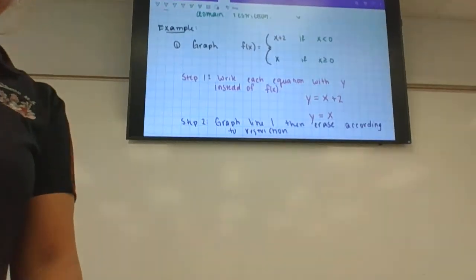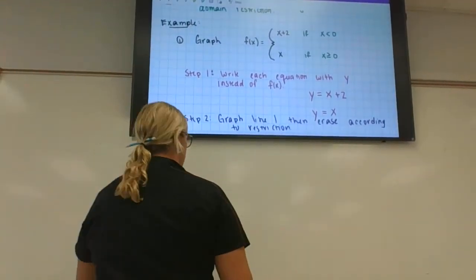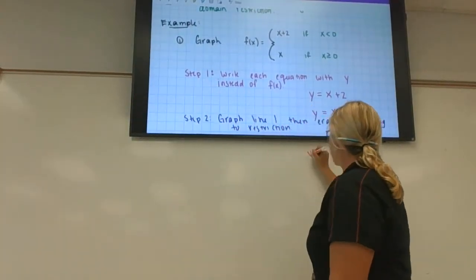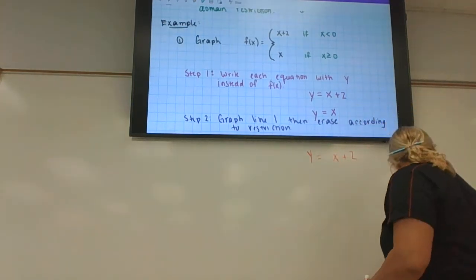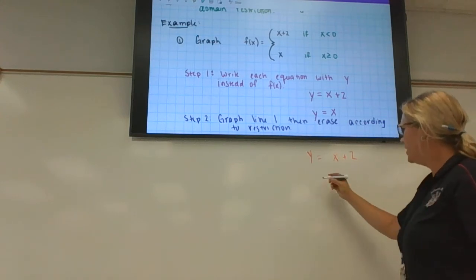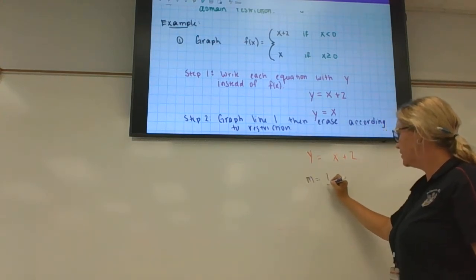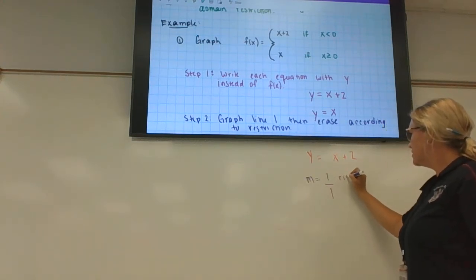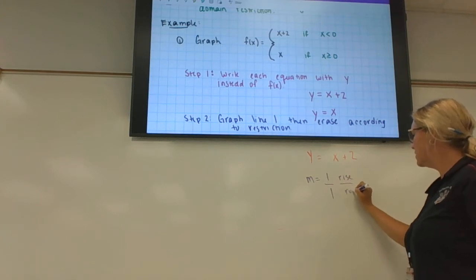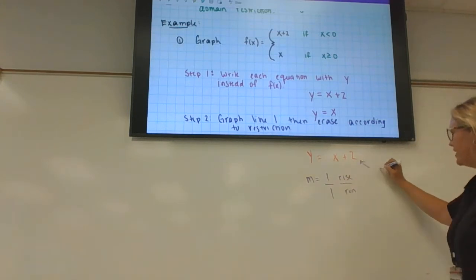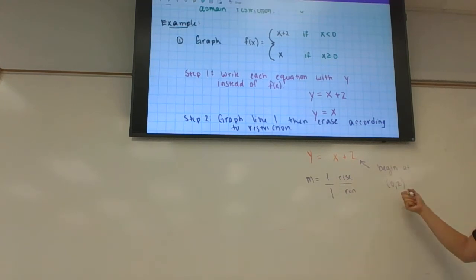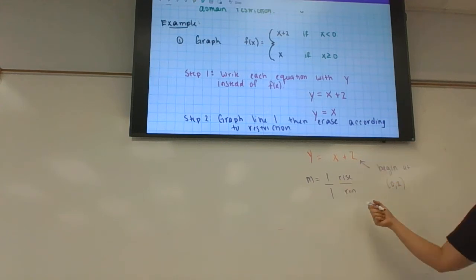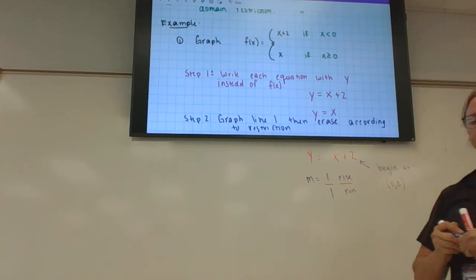So how do we graph y equals x plus 2? Choose the y-intercept. What's the slope? Yeah, m is an invisible 1. 2 is the y-intercept. You're going to begin here, at 0, comma 2, the y-intercept, and then go up 1, over 1, up 1, over 1, graph your line.